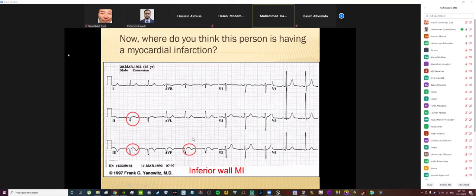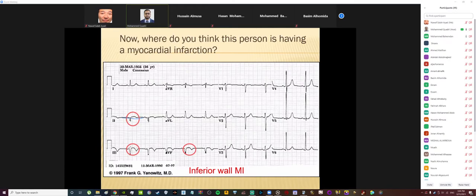Doctor, I didn't get how to know exactly that it is an inferior wall myocardial infarction. Can you make out the ST segment here? What happened to the ST segment here? Yes, definitely elevation. We are diagnosing myocardial infarction. Here, see, you put the line here. Can you see the elevation here? This one, the ST segment has got up. It's not isoelectric.